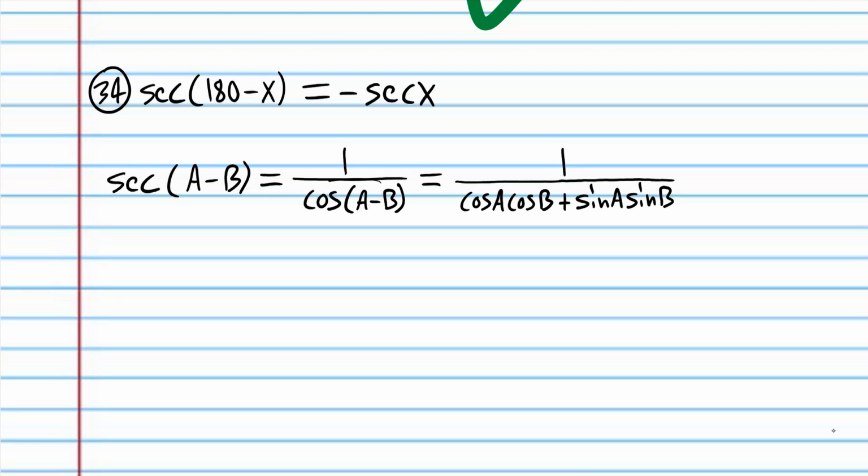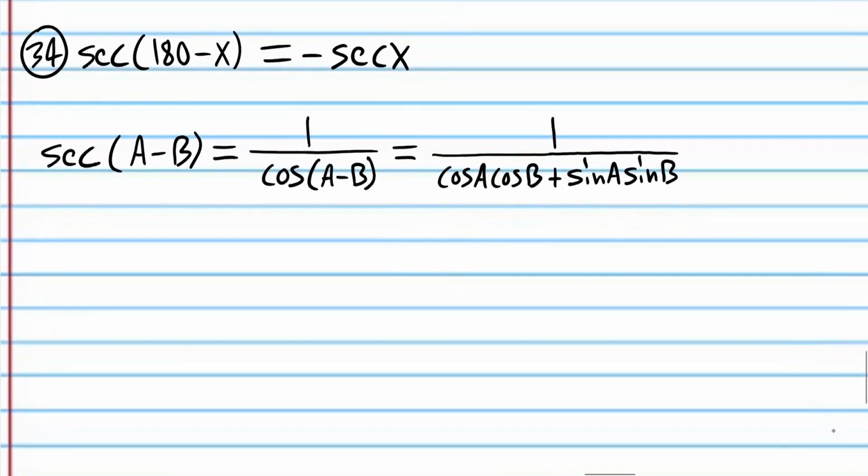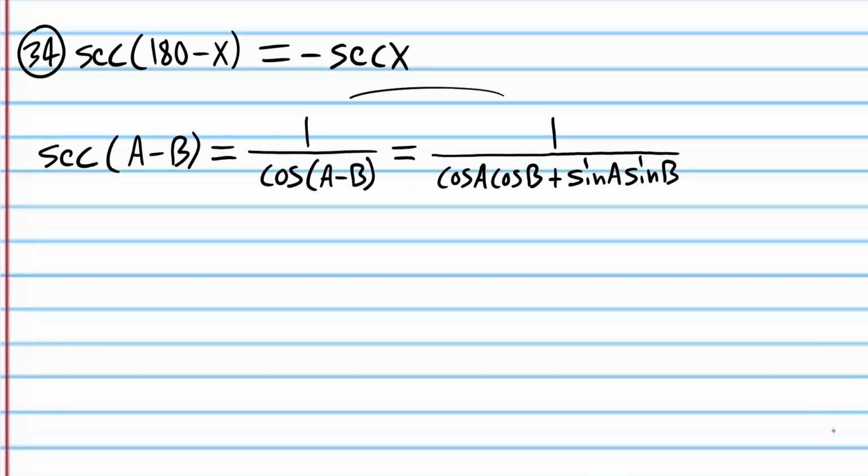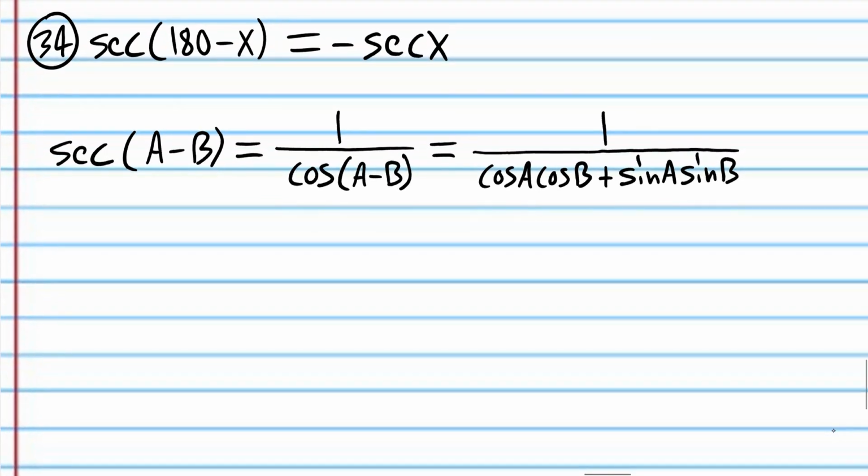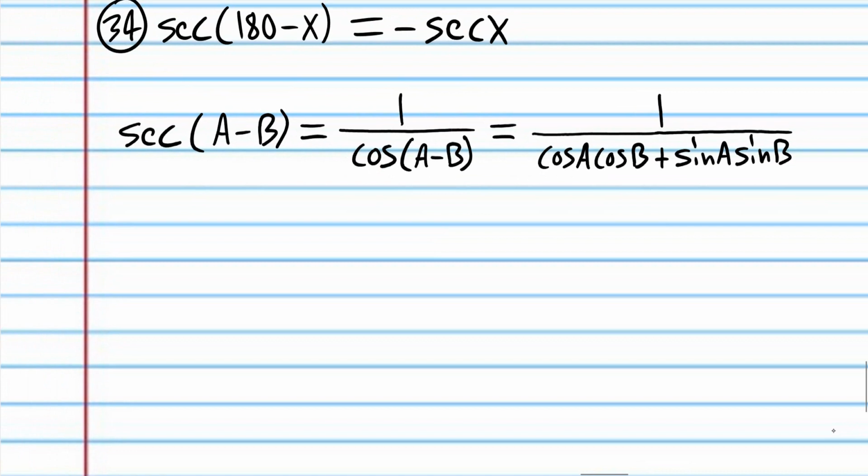And so now we do know cosine a minus b, that is this expression here. So I'm going to give you these expressions so you don't have to go back to your notes and find those, but let's go ahead and do this.